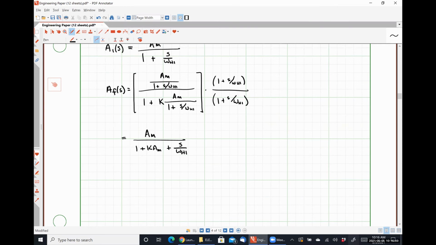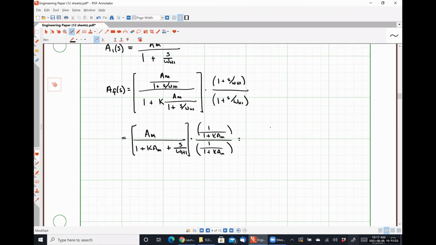Looks fine. I'm going to do one other thing, and the reason for it will be obvious momentarily. I'm going to multiply this by a factor of 1 over 1 plus K AM over the same thing. So effectively, I'm factoring out a common factor of 1 plus K AM there.